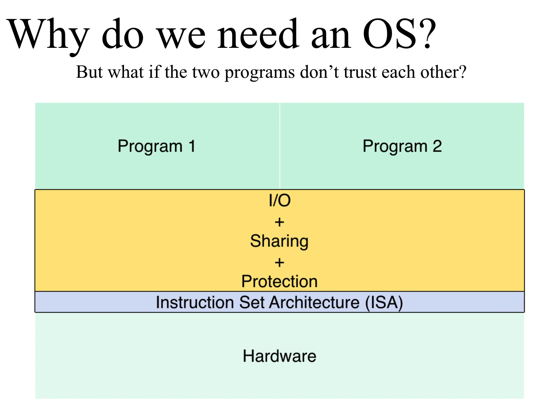So in addition to having device drivers for I/O and sharing or multiplexing mechanism for resource allocation, we need some protection mechanism to prevent illegal or unauthorized access to data and I/O devices by one program or the other program.